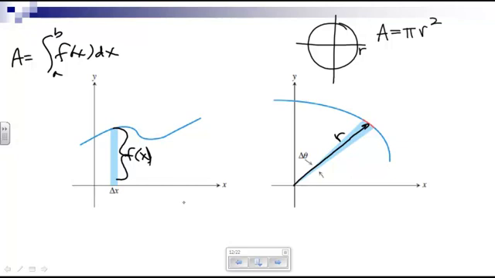But I don't want to know the area of the entire circle, really. I want to know what happens if I make a pie slice of it. I want what's called a sector area. I might ask, how much area if it's a sector of pi over 2 in angle?